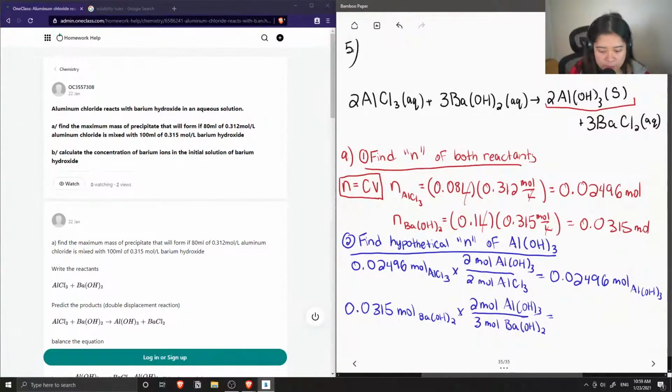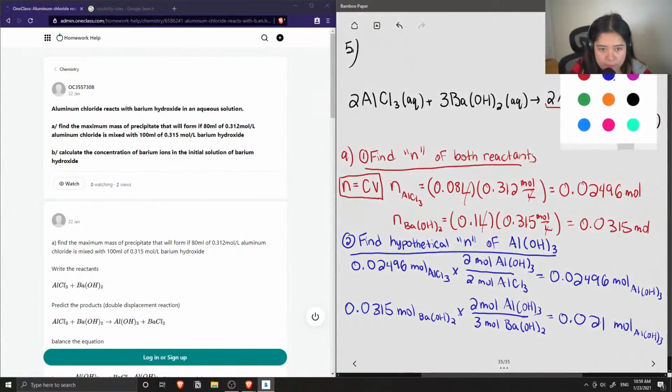So if we multiply this through, you only get 0.021 moles of aluminum hydroxide that is formed.